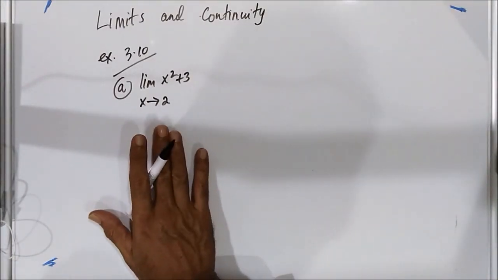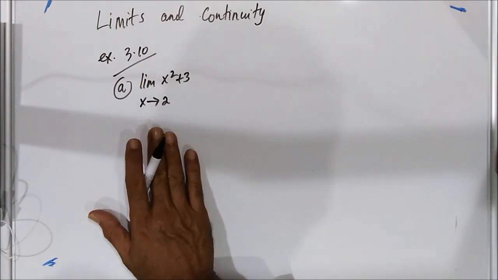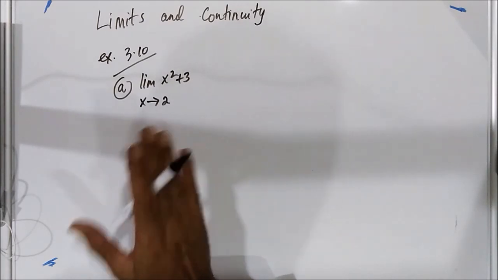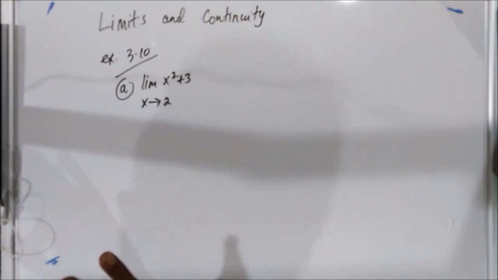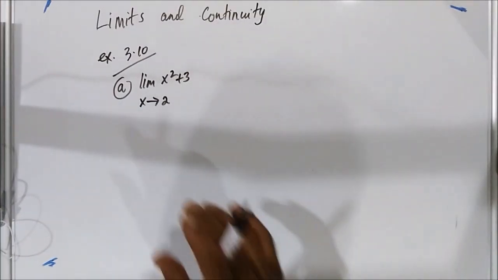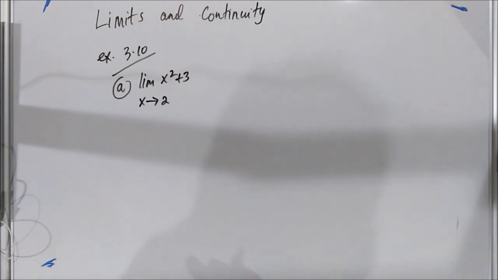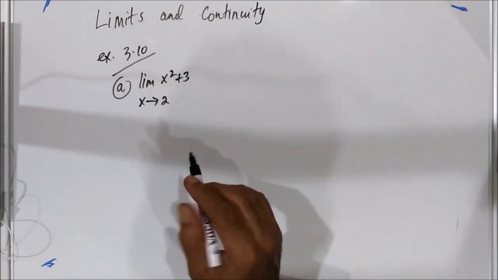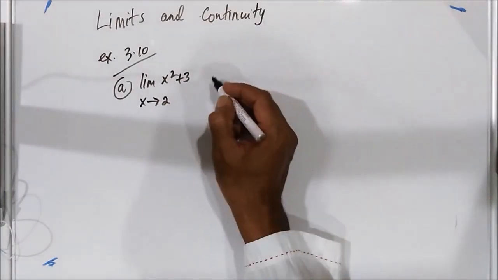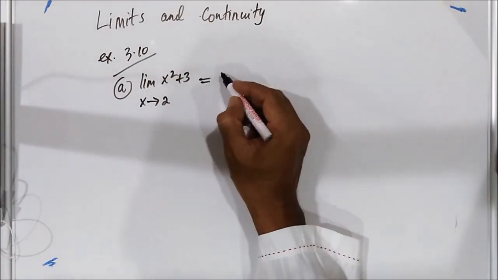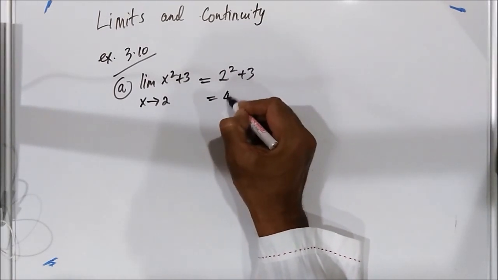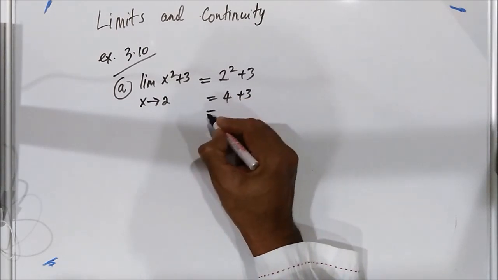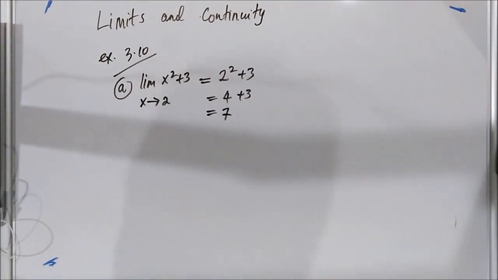Now, for this case, we have only one direction. We do not know whether negative or positive. In example 3.9, we have the negative direction and positive direction. But for this case, we are given only one direction. So to solve this one, you just plug in the value of 2 here. You get 2 raised to 2 plus 3, which is 4 plus 3 equal to 7. This is how we solve the limit here.